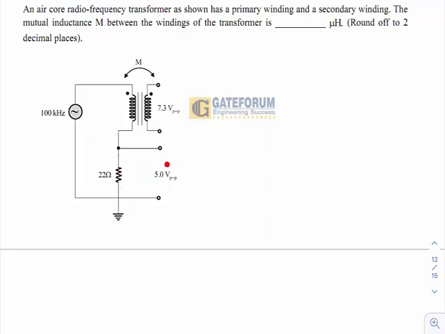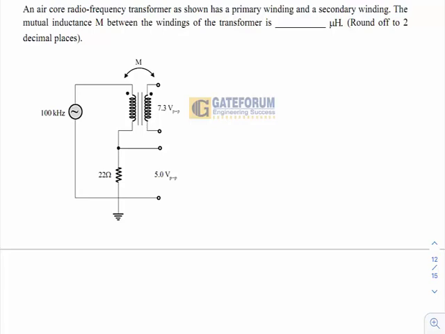If I know the peak to peak voltage of this element, I can find the peak voltage, and then the current that is flowing through this resistance. Since this is connected in series with the primary winding, the primary winding current would also be the same, and with this concept I can find the mutual inductance.